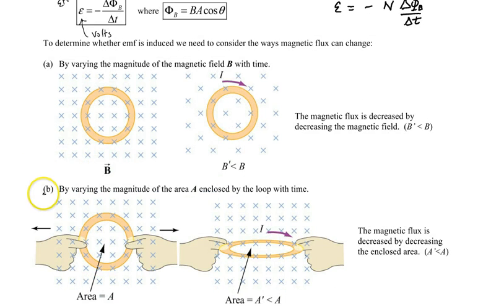In picture B, you see we have a loop where we stretch it, causing the area to decrease. You can see that there are like 6 x's in here and maybe about 4 x's that are penetrating this loop. So the area is decreasing, which is causing a decrease in the magnetic flux, and that change in magnetic flux will have an EMF that is induced in the circuit as shown below.